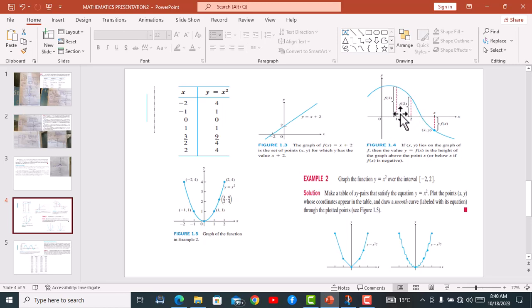Very, very important. An increase in the input results in a decrease in the height. So the higher the value of the input, the smaller the value of your height. This is the relationship that we can see happening here.